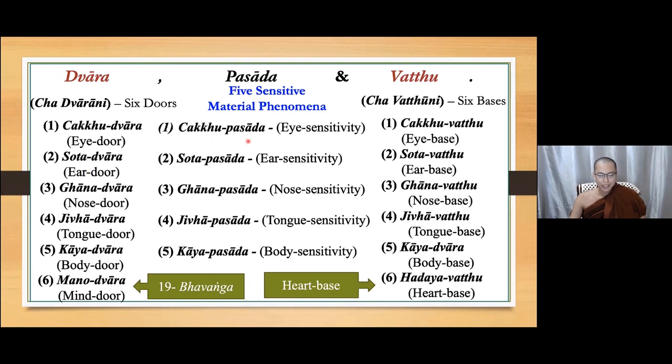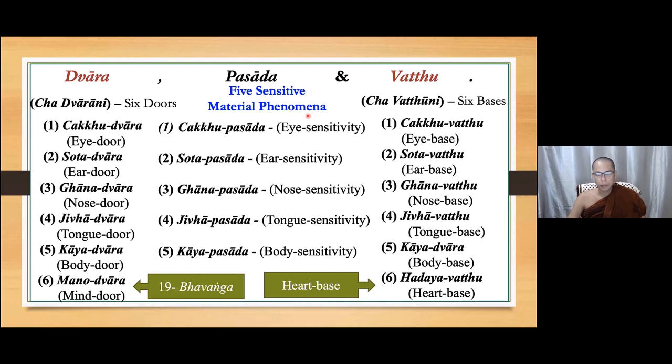So in essence, the former five, Chakkhu Dwara, Sota Dwara, Ghana Dwara, Jivha Dwara, Kaya Dwara, and also Chakkhu Vatthu to Kaya Vatthu, are related to the sensitive material phenomena. We can say sensitive matter, called Pasada Rupa, among the 28 rupa.